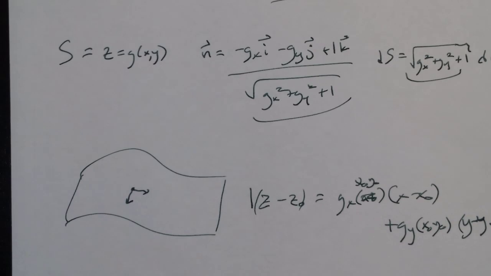It works, honest. But if we had made the convention that we wanted it to be downward, that would be fine. And then we'd have positive GX, positive GY, minus k. The bottom would still be the same, because everything gets squared. It would just turn the direction of the normal vector over.